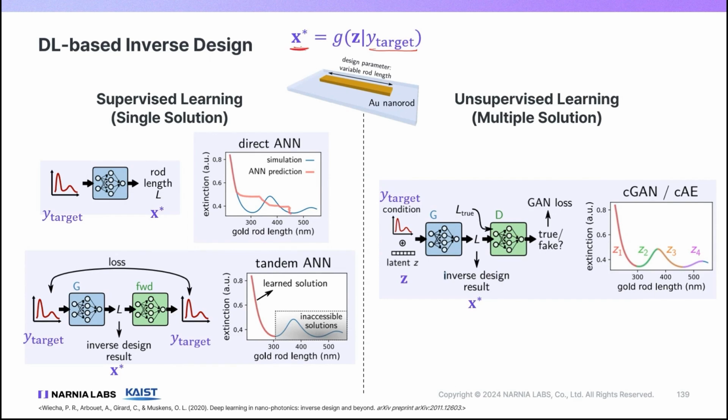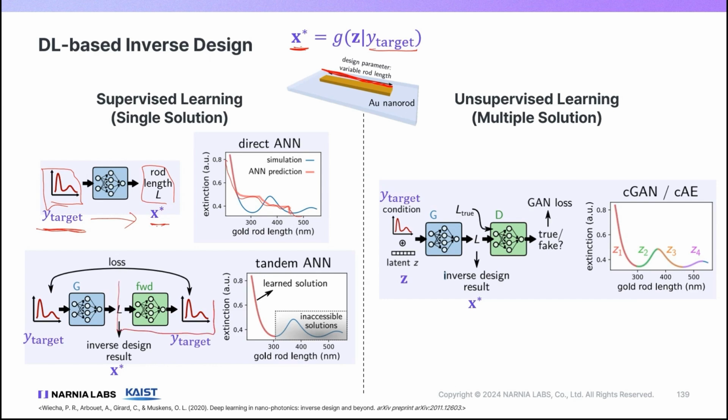For example, in this design, let's say we want to optimize this length. Then the most naive way, as mentioned earlier, is to consider the target Y. Think of this as the performance. When we try to directly train an inverse function like this to find the optimized X for a given target Y, it didn't work well. Right? That's because, as I mentioned earlier, it's not a one-to-one correspondence.